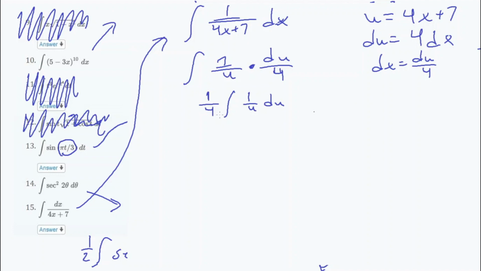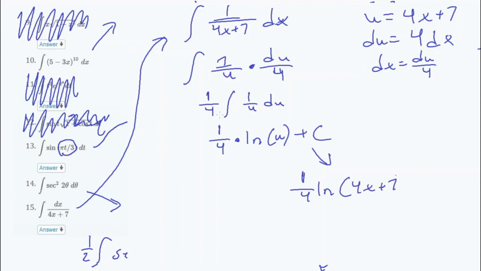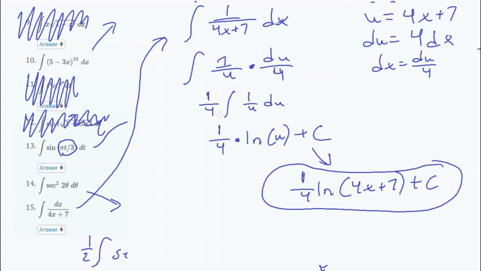And what's the antiderivative of 1 over u? That's going to be ln of u. So the antiderivative of this is going to be 1 over 4 times ln u plus c. So now all we need to do is just plug in for u. So we're going to have 1 over 4 ln of 4x plus 7 plus c, and that's our final antiderivative for number 15.